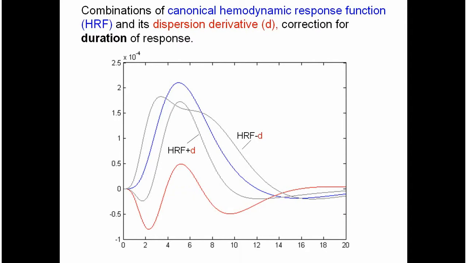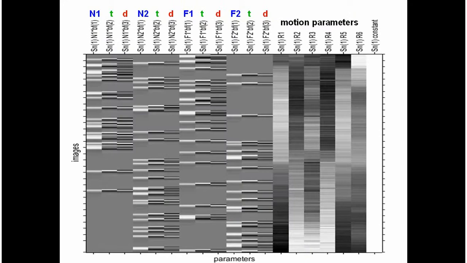But how can we use three different responses at the same time if we don't know what is the proportion? What are the coefficients for the combination of those three?